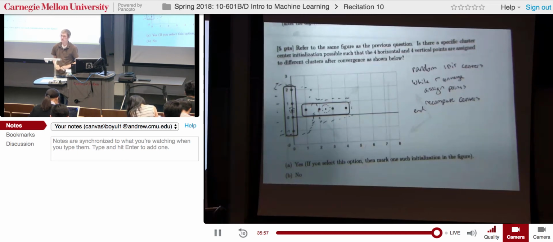So we start off by finding the cluster centers. So here's one cluster. The cluster center is right here. That would be at 0 and 1/2. And then the other cluster center is right here.